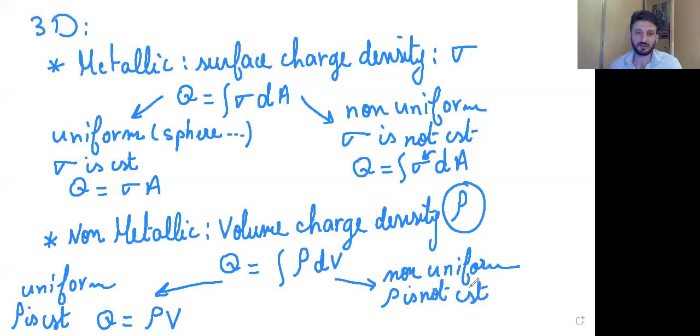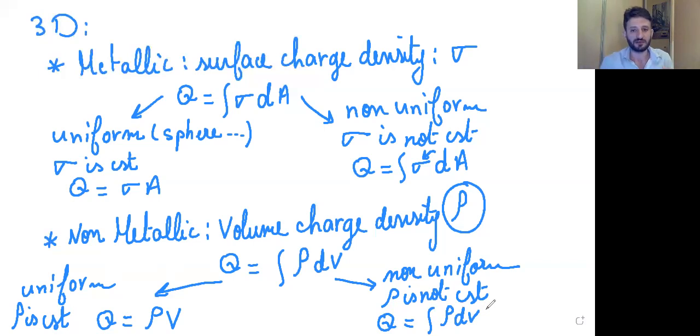I give you some relation for rho. Maybe rho depends on the angle. We have this sphere, and for each angle we have a density. Okay, we have to substitute the value of rho in the relation. We get here in general Q equals the integral of rho dV, and you do the calculation.